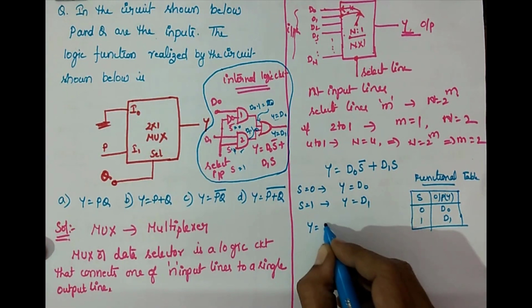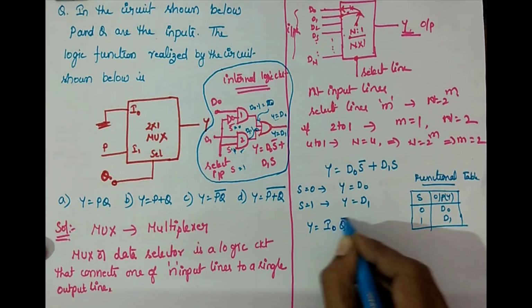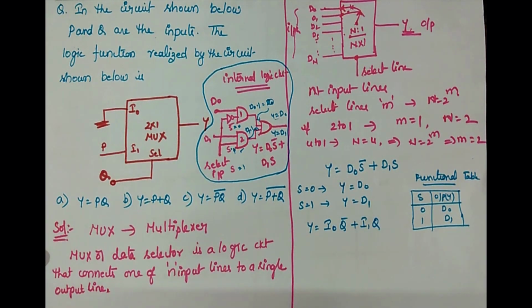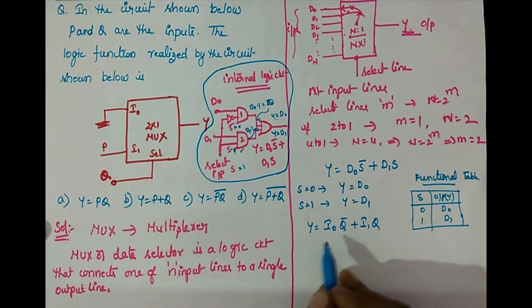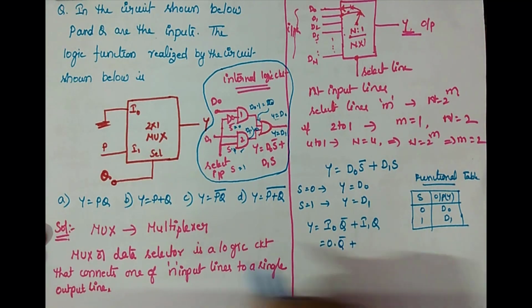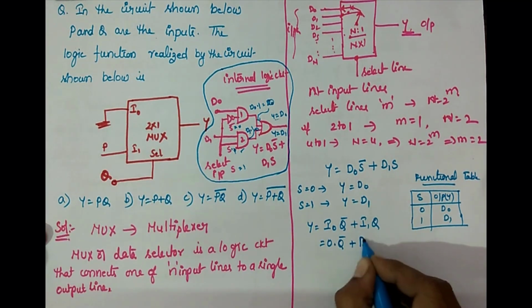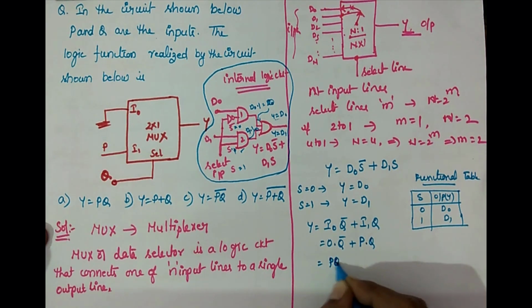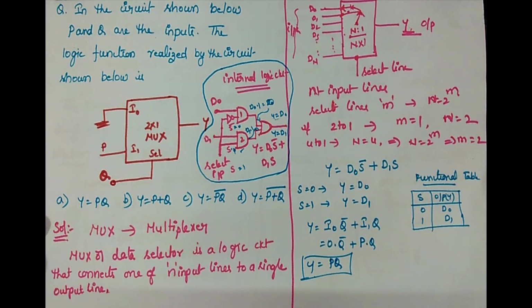So the output expression is I0 into Q bar plus I1 into Q. Here I0 is 0, so 0 into Q bar plus, what is I1? I1 is P. So P into Q. So the answer is PQ. So Y is equal to PQ is the answer.